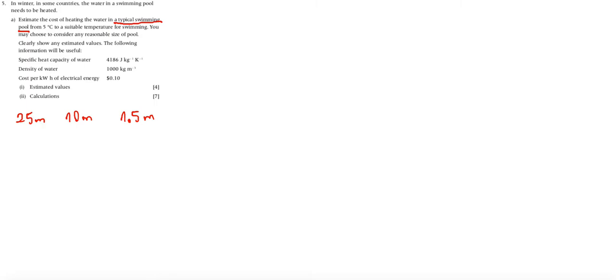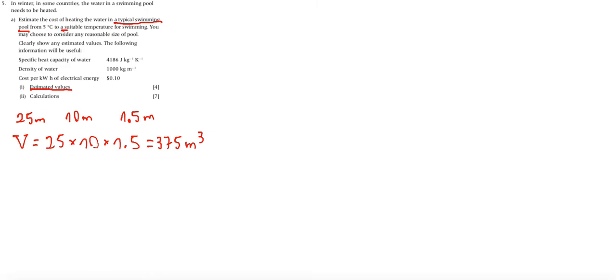Okay, so we can calculate the volume of water in the swimming pool. This is 25 times 10 times 1.5. So it's 250 times 1.5, which results in 375 meters cubed. Next assumption, so still we are doing estimated values, is the suitable temperature for swimming.